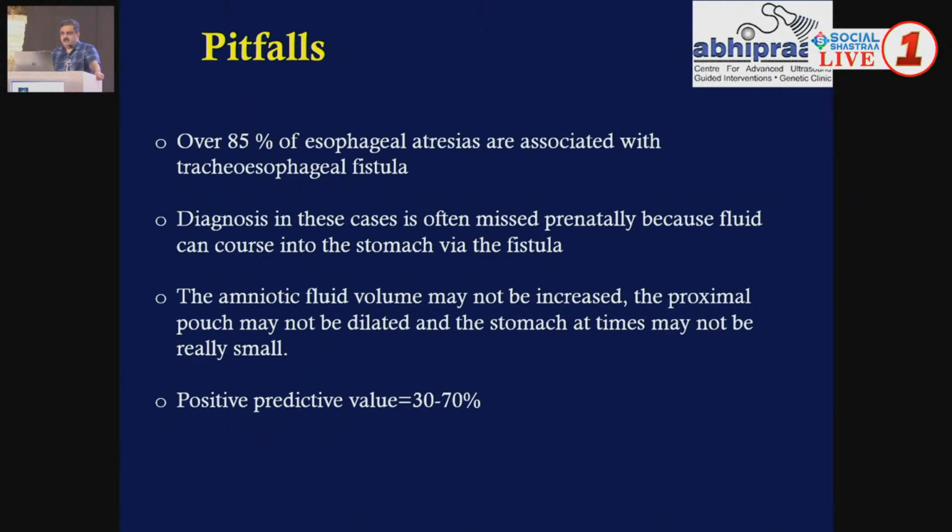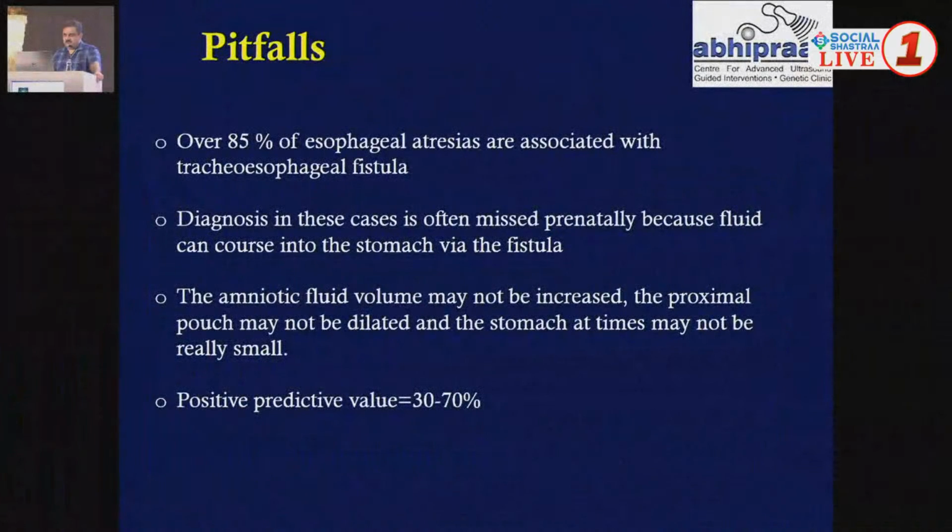See, the reason we cannot generally pick up an upper esophageal pouch at 18 weeks when we do a normal anomaly scan is because it's a blind pouch. So there has to be sufficient strength in the swallowing to allow the fetus to distend a collapsed pouch, and this strength comes much later in the second trimester, and that's when the swallowing has enough strength to distend an upper esophageal pouch which is otherwise collapsed, and therefore the pickup of an upper esophageal pouch increases with passage of time.